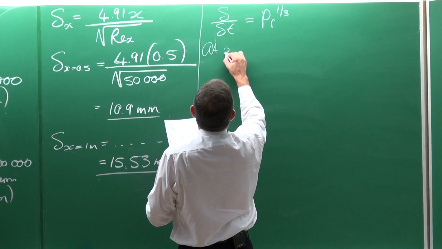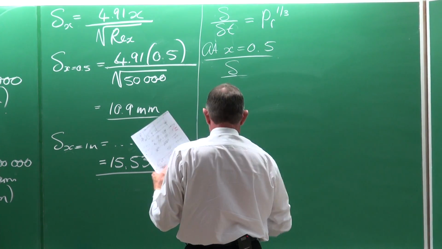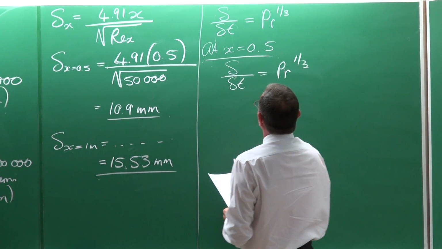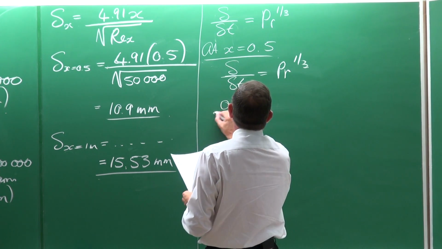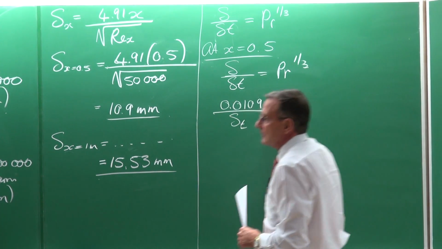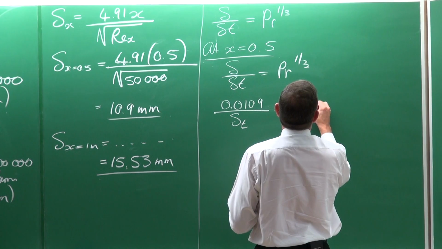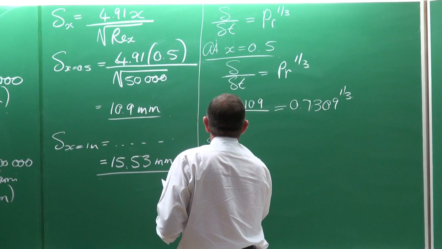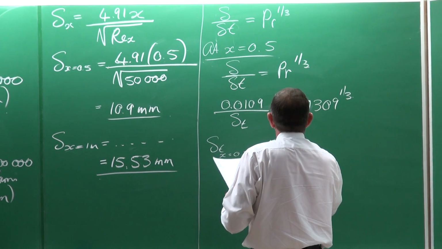So at x equal to 0.5, the boundary layer thickness is equal to 0.0109, divided by what we want, the thermal boundary layer thickness, is equal to the Prandtl number, 0.7309, to the third. The only unknown is the thermal boundary layer thickness, where x is equal to 0.5, and that is equal to 12.19 millimeters.